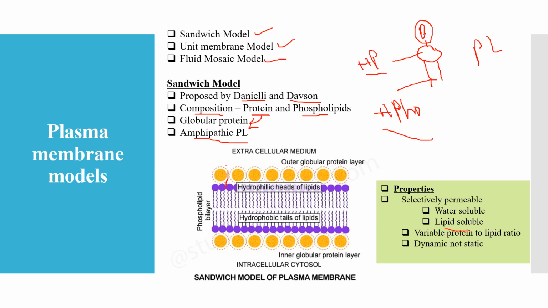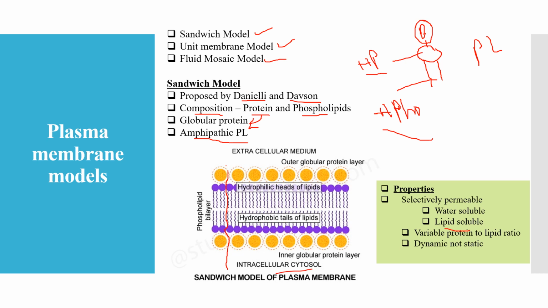So the lipid soluble substance can easily pass through this area, whether head region or tail region, and then the lipid soluble substance has entered the intracellular cytosol. So there is no problem with the lipid soluble substance.